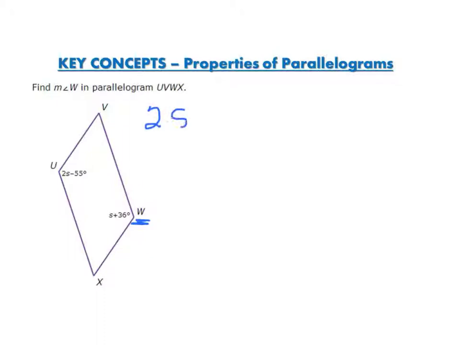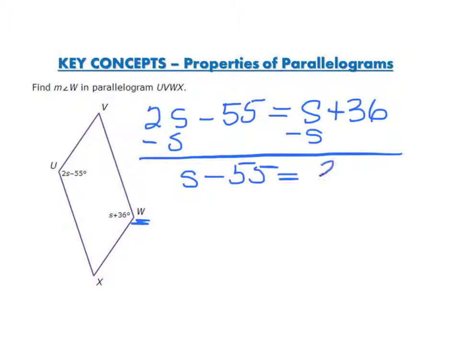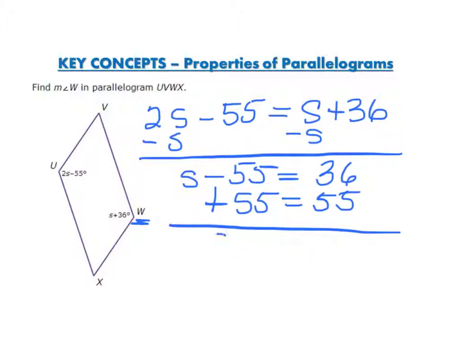So I have 2S minus 55 equals S plus 36. I subtract 1S from both sides. S minus 55 equals 36. I add 55 to both sides, and I have S equals 91.